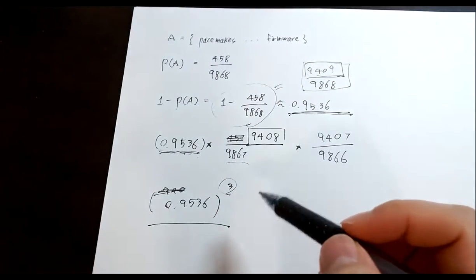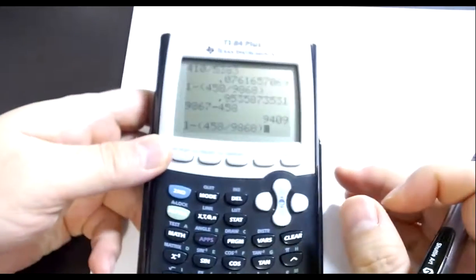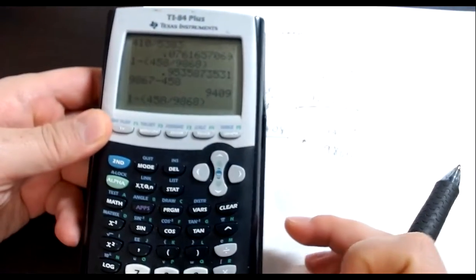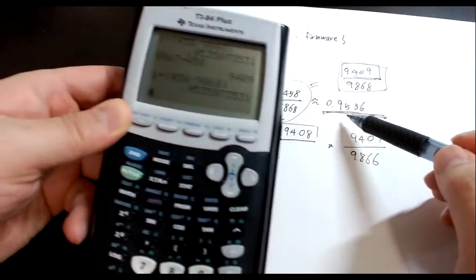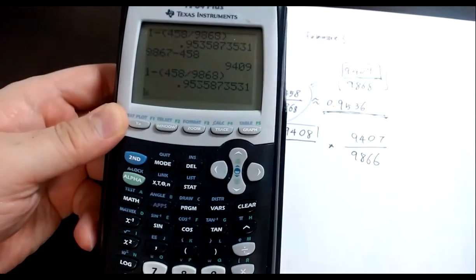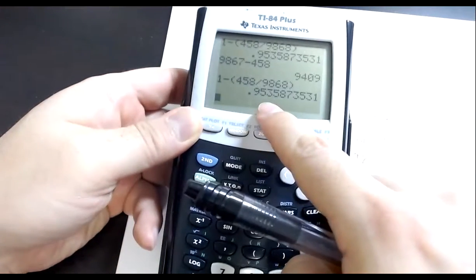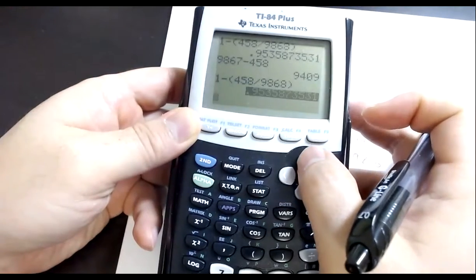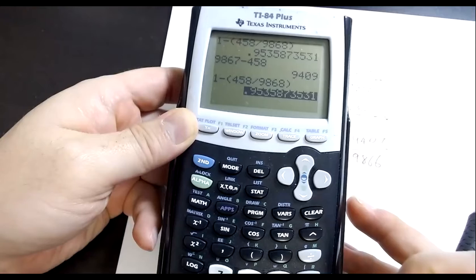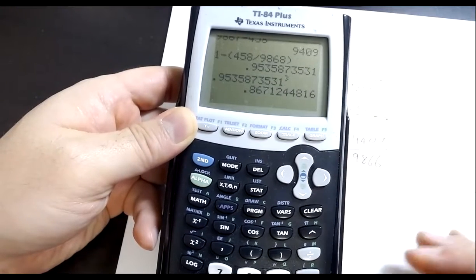So for example, in my calculator, I figured out the probability that the pacemaker is not caused by the formula. It's going to be 0.95358, right? So I'm not going to round until I take the third power, and then I'll take a round.